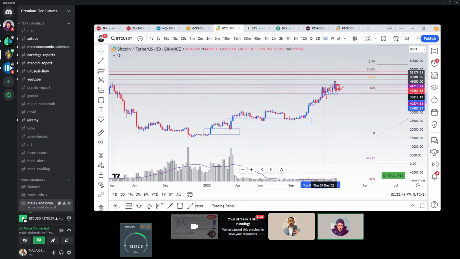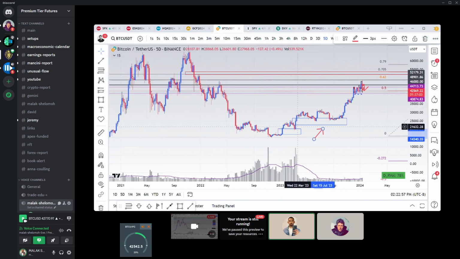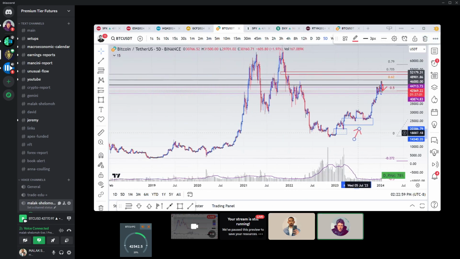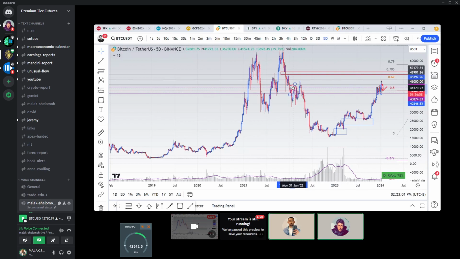So that's a three. A lot of times corrective waves go in three waves. This could still be correcting. This could be a corrective bounce back up to here. And we swept liquidity here, so we're due for a pullback. Absolutely. That's what I think is going to happen.